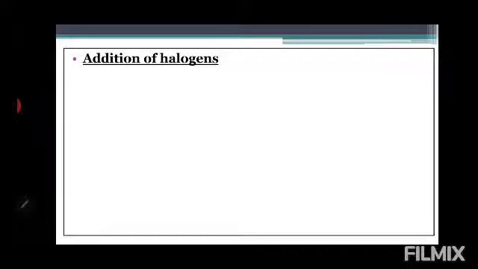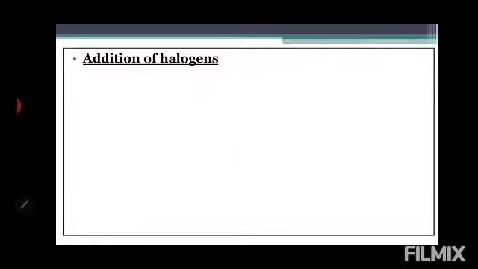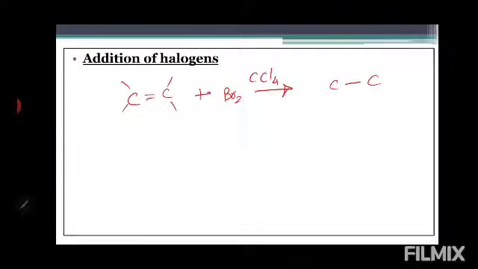So these two are the examples. Now next is addition of halogen to alkenes. Suppose you have a carbon-carbon double bond and you react it with halogen in solvent. Just like HBr addition, with double or triple bond the addition will take place. You will get Br here, no problem because both added atoms are the same.